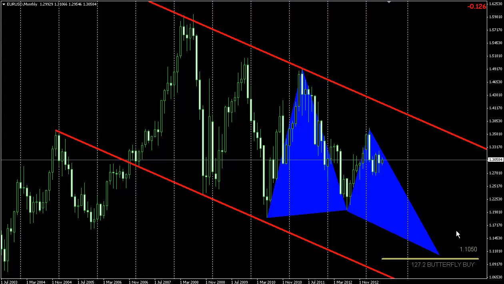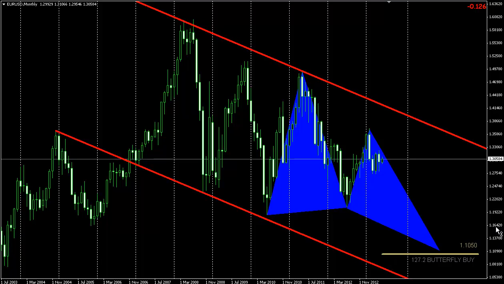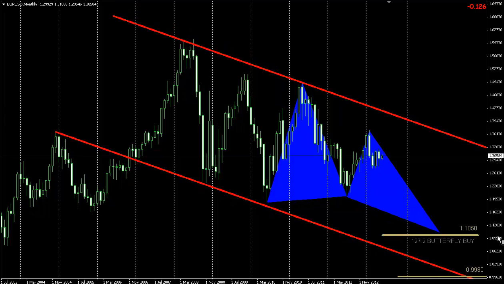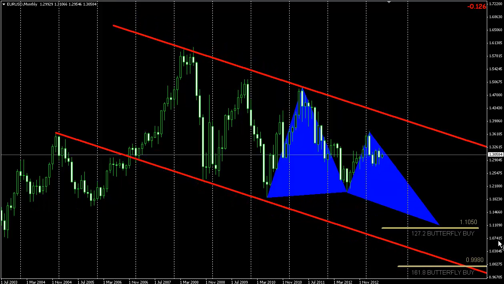And if the market proceeds even lower beyond the 127 extension, take a look at where the market can reach. If it reaches the 1618 extension, it can lead the market to the parity at 100, here at 0.9980.